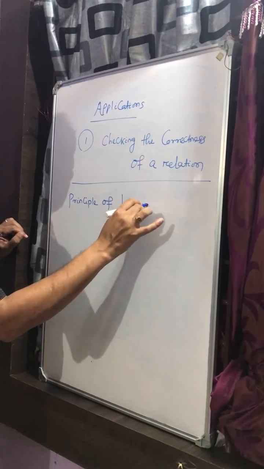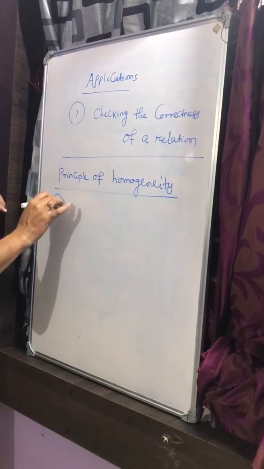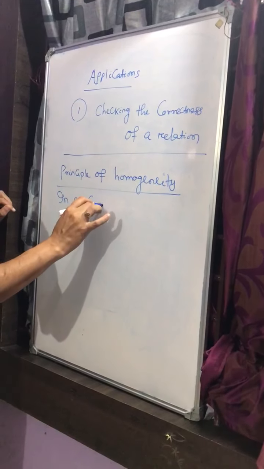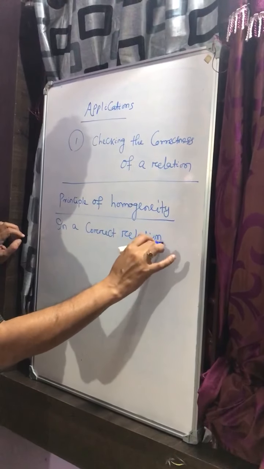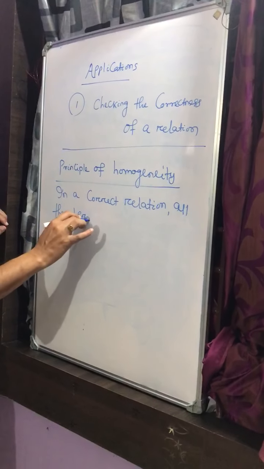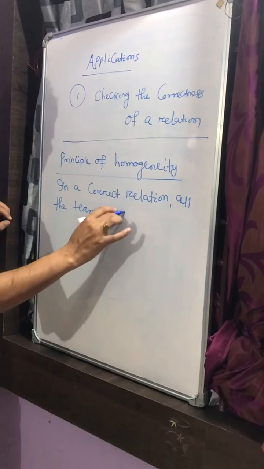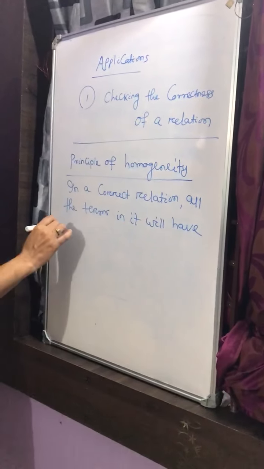So this principle says that in a correct relation, all the terms in it will have the same dimensions.